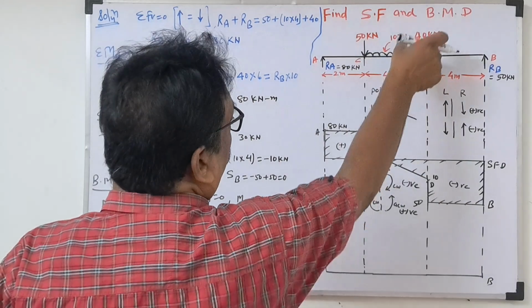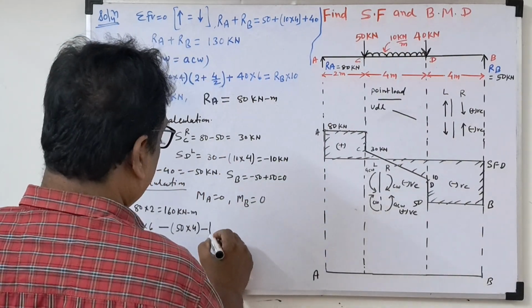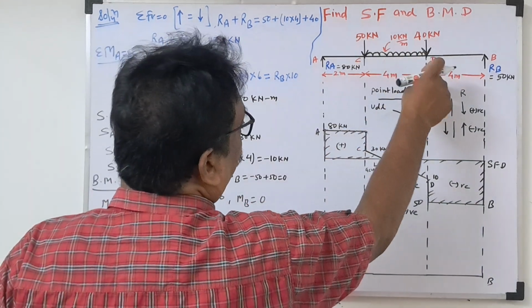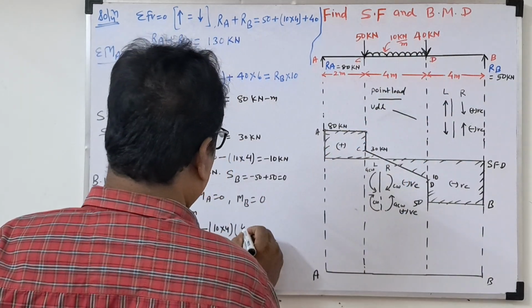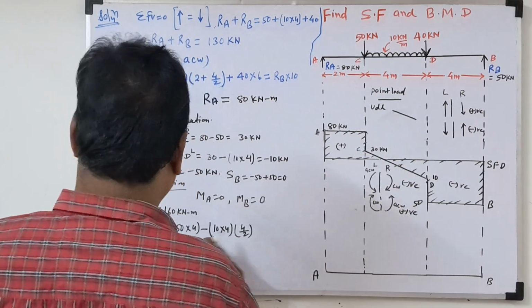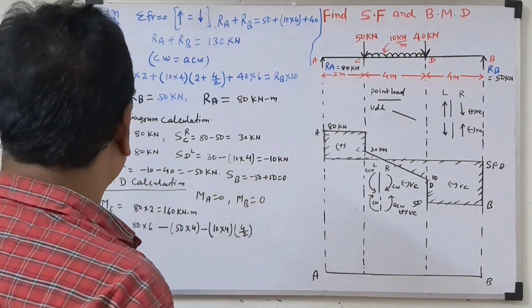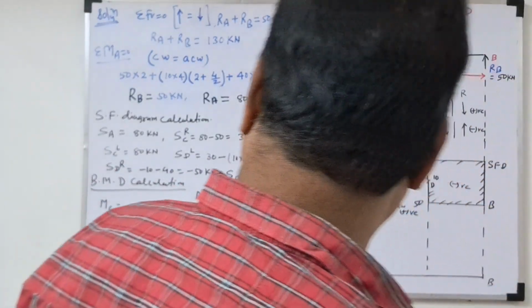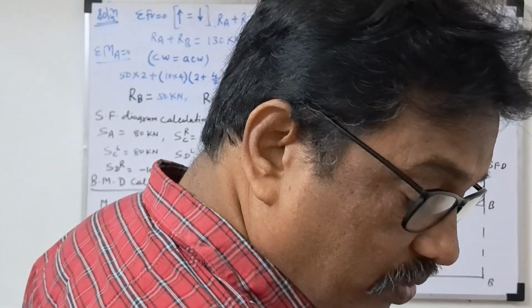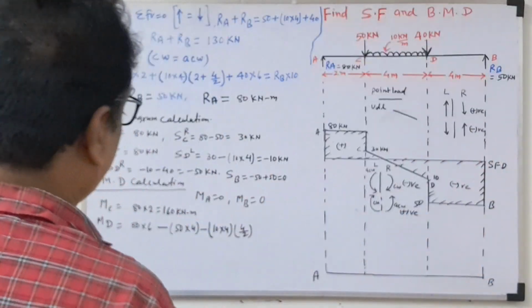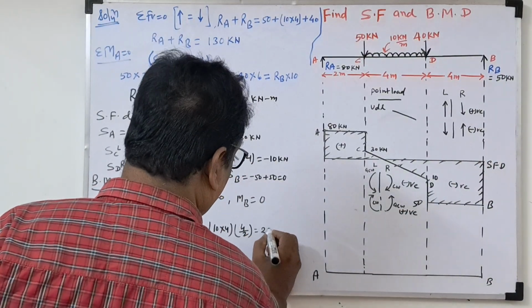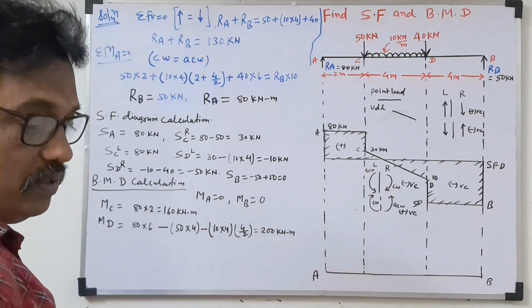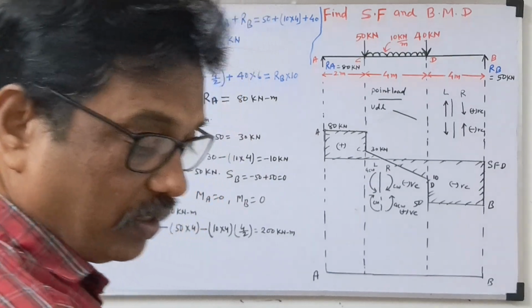Again minus this UDL: the load is 10 into 4, then the distance is half from D, 4 by 2. This is the bending moment at D. So the calculation comes to 200 kilonewton meter. 200 kilonewton meter is the unit for this.